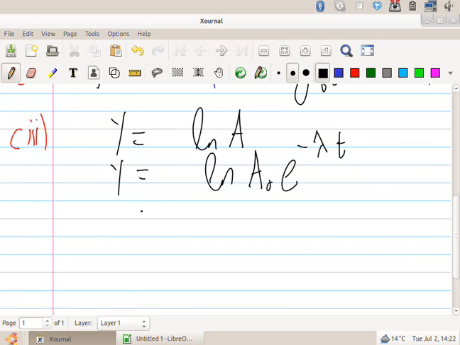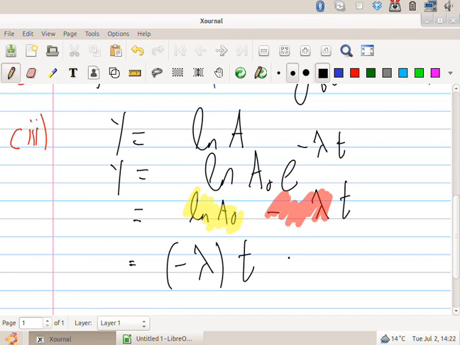Now, using my rules of log, what does this become? Log A0 minus lambda t. Very good, yeah. So if you look at this, this is like the constant, and then what's this like? The slope, because, if I make it a bit clearer for you, it's like this. Y equals mx plus c.